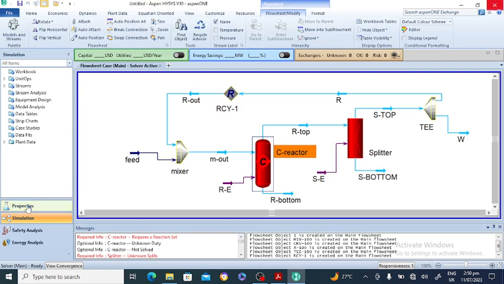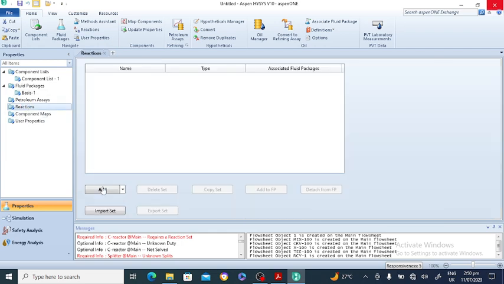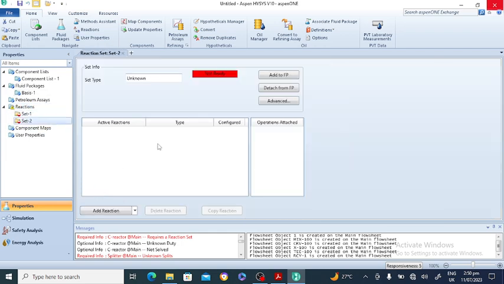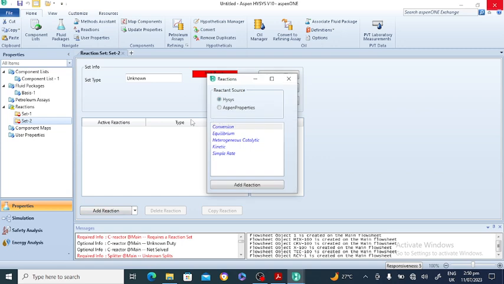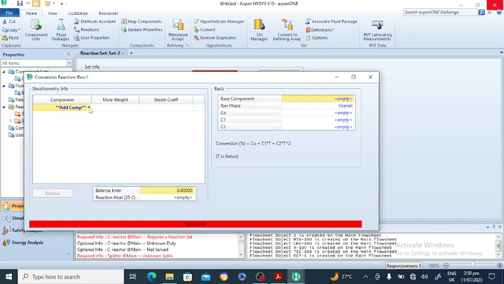Go to the properties and define the reaction: click on reaction, click on add, click on add reaction, and this is a conversion reaction. Close this one, double click on reaction number 1, and the components of the reaction are ethylene reacting with HCl to produce ethyl chloride, in the presence of inert nitrogen.